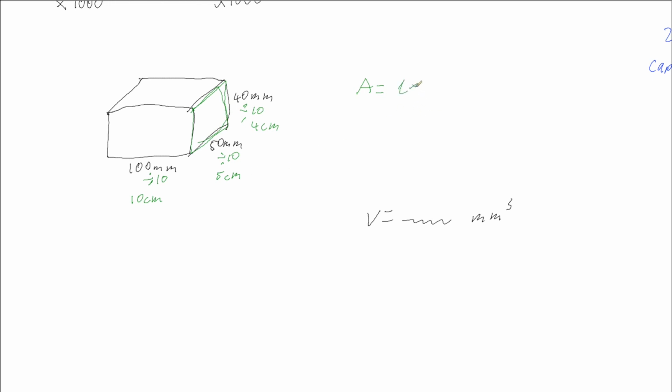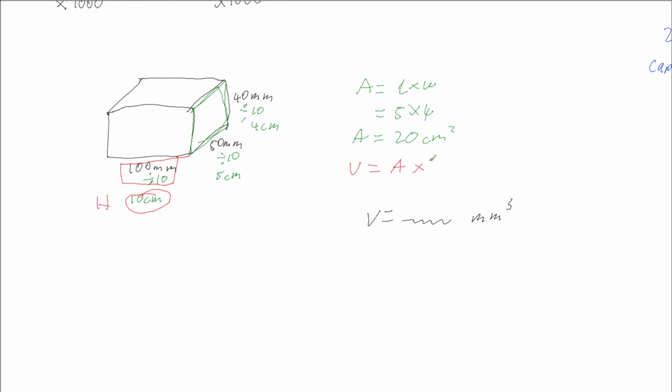So my length times width is going to be 5 centimeters, I've got to remember to use those centimeters, times 4 centimeters, which is going to give us a 20 centimeter squared rectangle.